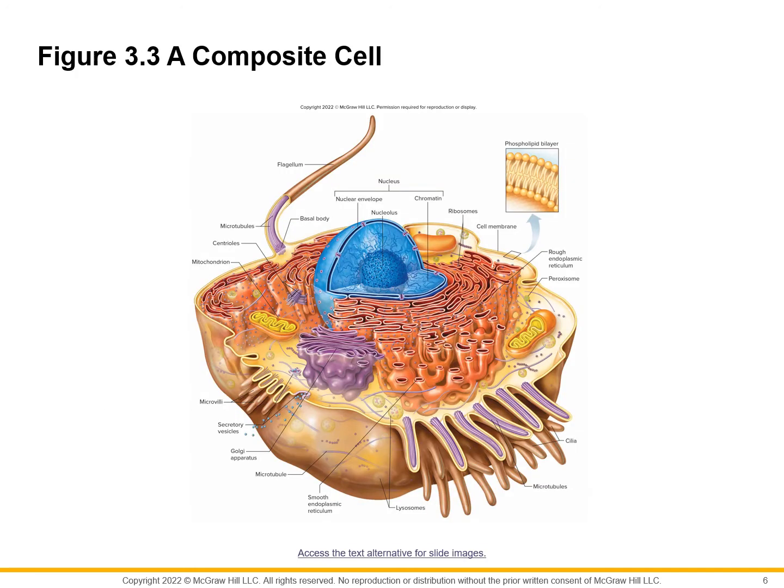So this is what we said was a composite cell. Like I said, no cell in the body should look like this. It is just taking all the different parts and putting them in. So we'll see things later on through these videos in this chapter. We're going to see things like the mitochondria. Most people know the mitochondria is the powerhouse of the cell. We're going to see things like the rough and smooth endoplasmic reticulum.